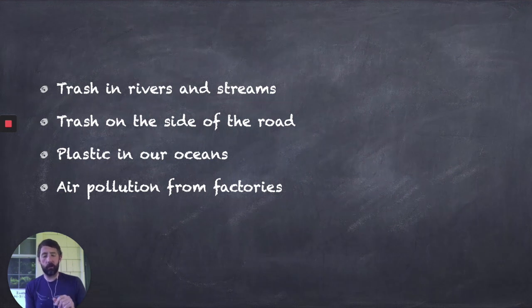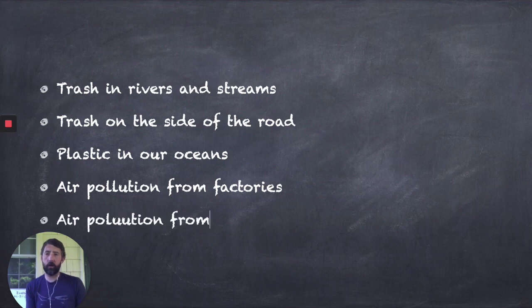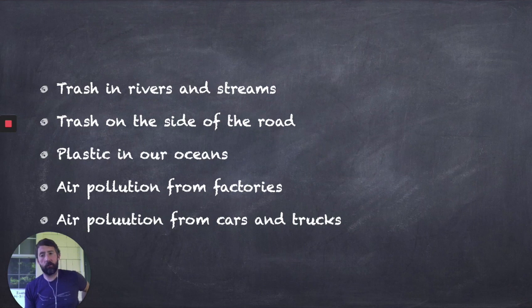So maybe not do this one, but just another example of environmental problem. Air pollution from cars and trucks. If you want to get a very small idea, those are 5 different environmental problems.